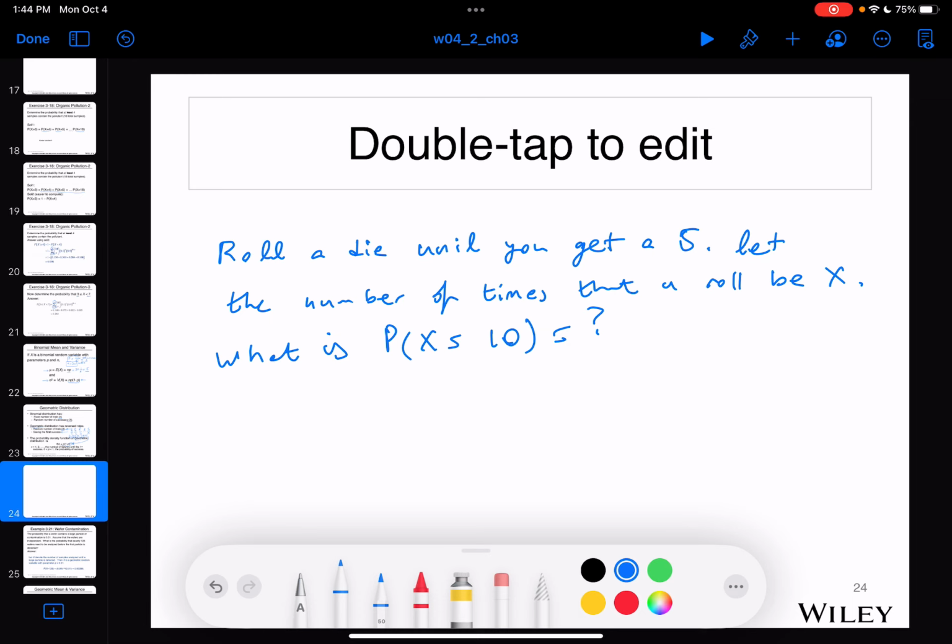So the first solution is we use the geometric distribution. The answer is p to the power 1 times 1 minus p to the power x minus 1. And p is 1 over 6, and 1 minus p is 5 over 6, to the power 9. That's the answer.